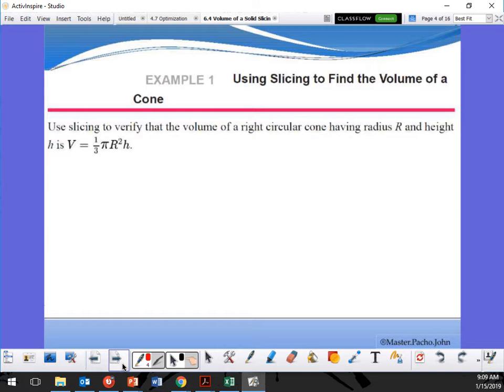So a cone, if I slice it up and down perpendicular to it, that would make parabolas. Yeah, you're right. Boom, boom. Here's your S term.